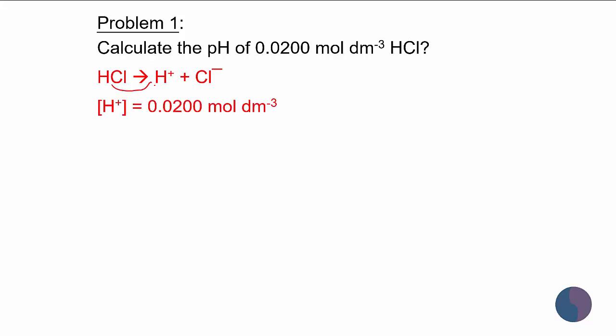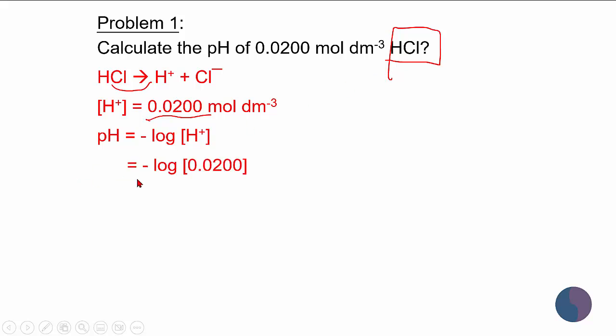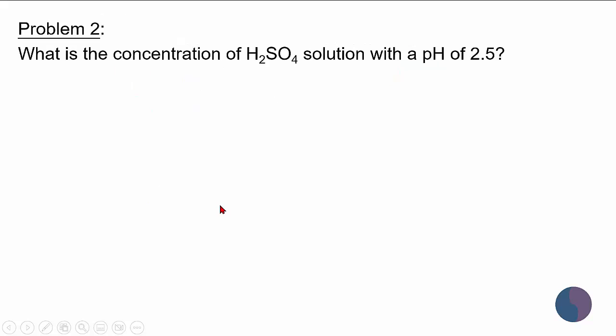And then you know that the hydrogen ion concentration must be the same as the concentration of the substance, because it's monoprotic. Then you write the formula, substitute, and there's no units for pH, so you're done. That's the pH, 1.7. So it's just a mathematical conversion of an uncomfortable number to something that's just between 1 and 14. That's quite easy to work with.